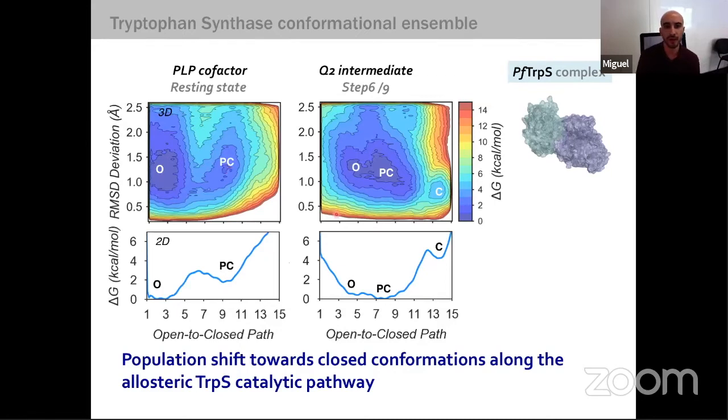If we look at the right, as the reaction progresses, there is a population shift towards partially closed states and also closed states. And as you see, the whole transition is sampled, with the open and partially closed states equal in energy, but the closed state a little bit higher in energy.